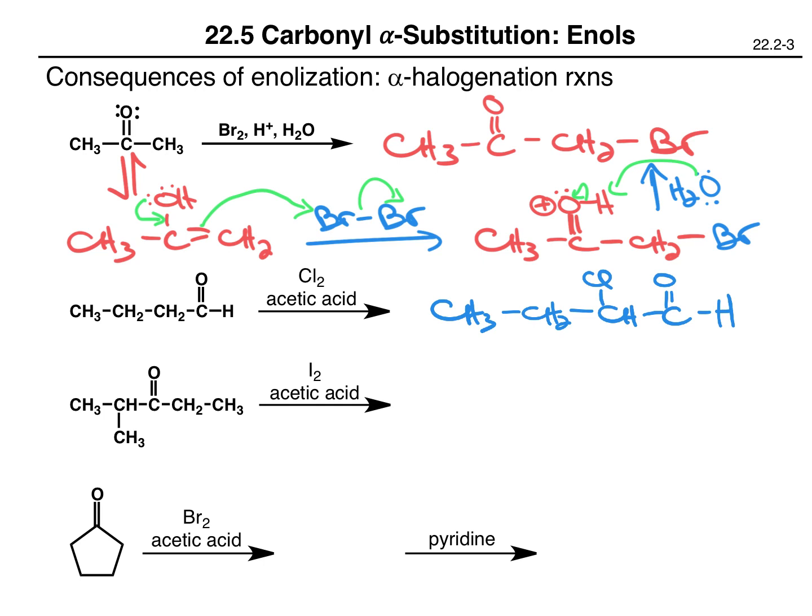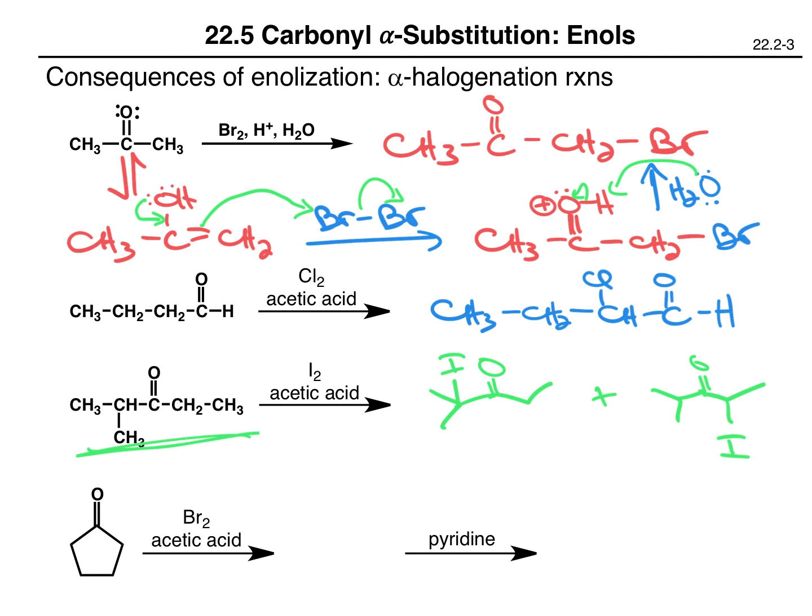If we have a ketone, for example, this reaction can work, but if we have an asymmetric ketone, then we are likely to get some of this and some of this. So there's a limitation.